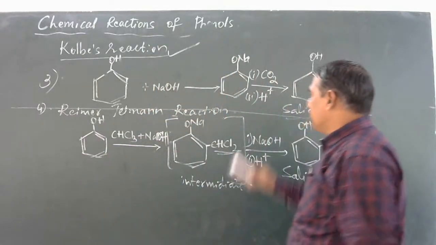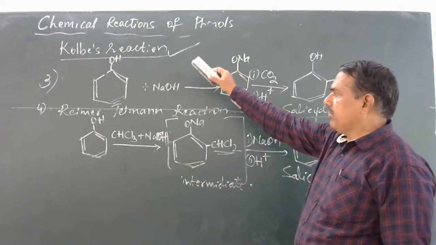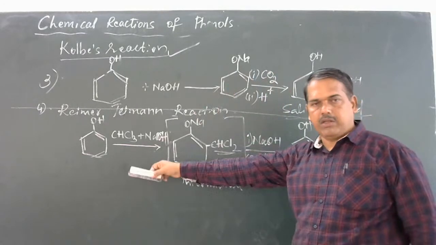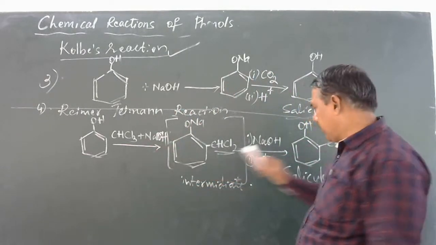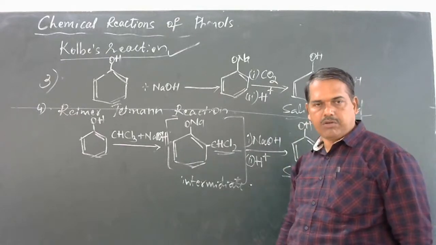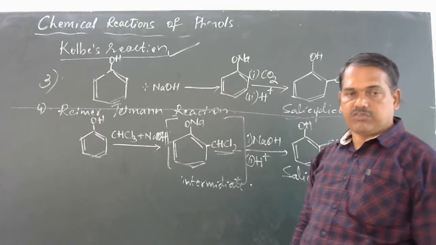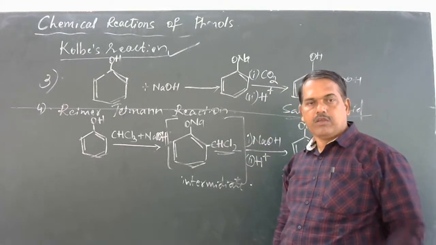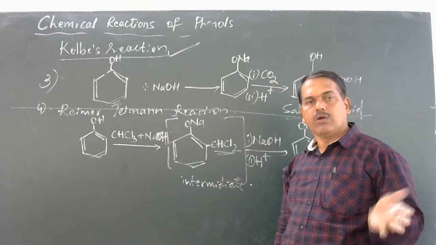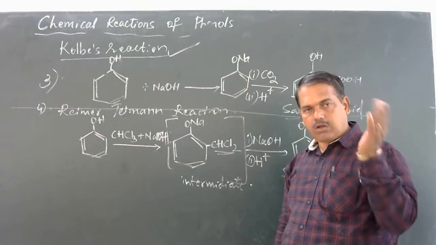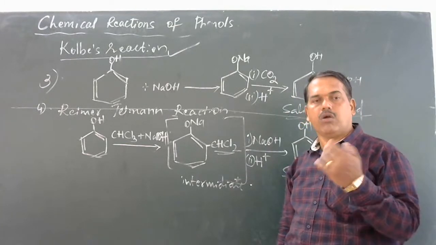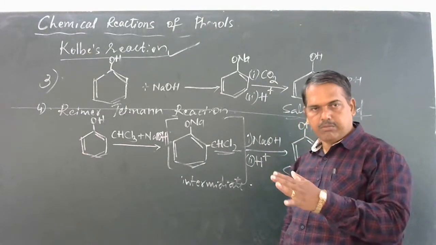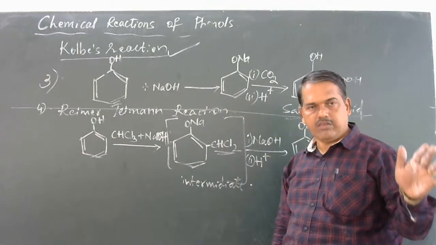Okay, we shall continue. In Kolbe's reaction, phenol is converted into salicylic acid. In Reimer-Tiemann reaction, the phenol is converted into salicylaldehyde. That's all. So, what reagents are used? Or explain Reimer-Tiemann reaction. See, phenol on treating with chloroform along with sodium hydroxide and finally on acidification, an aldehyde group is introduced in the benzene ring and salicylaldehyde is obtained.